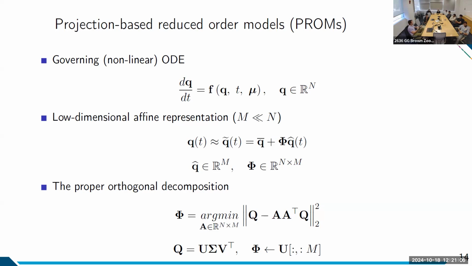And there are lots of different ways to choose this basis phi, this trial space, but we choose the proper orthogonal decomposition. Other people might know it as PCA, principal component analysis.